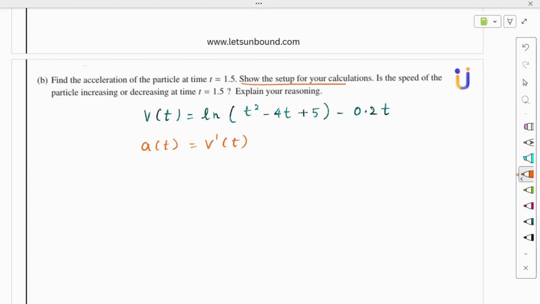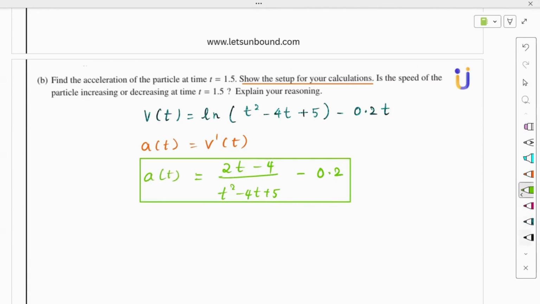And we need to show our calculations. So we have to apply the chain rule because it's ln of a function of some other thing, right? So v prime of t is 1 over t squared minus 4t plus 5, times the derivative of t squared minus 4t plus 5, which is 2t minus 4. Then minus 0.2 when you differentiate, it's minus 0.2. Right, so this is my a of t.